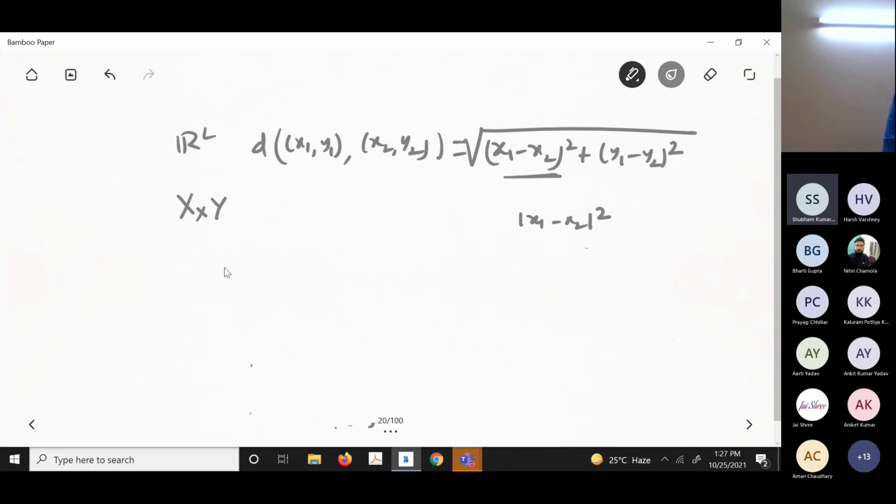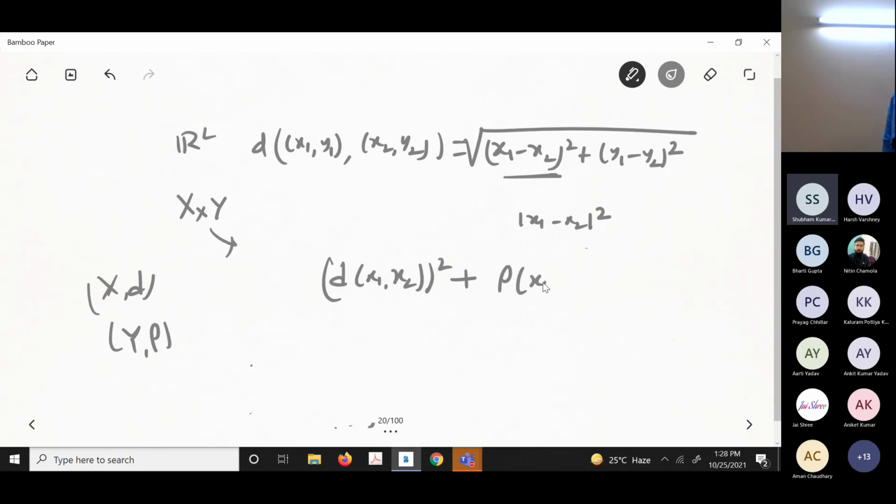I will have the metric D of (x1, y1) and (x2, y2) equal to the square root of d(x1, x2) square plus rho(y1, y2) square.